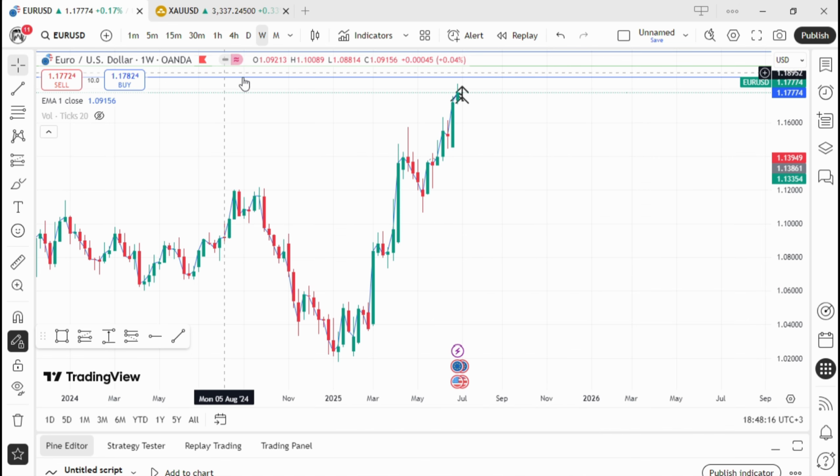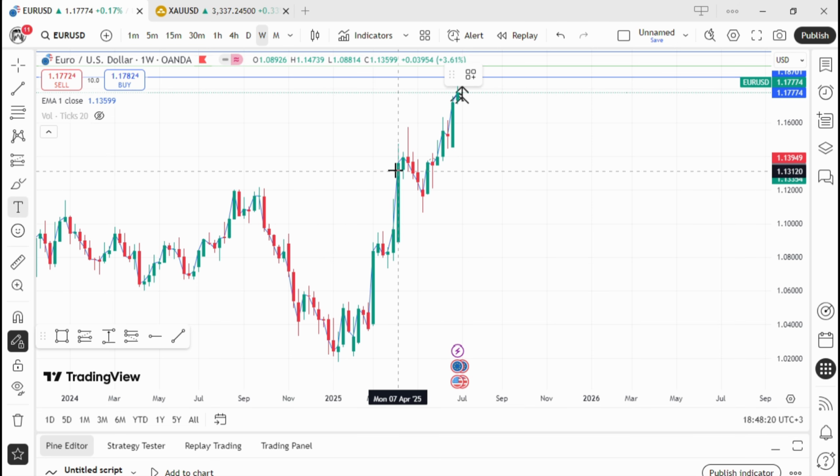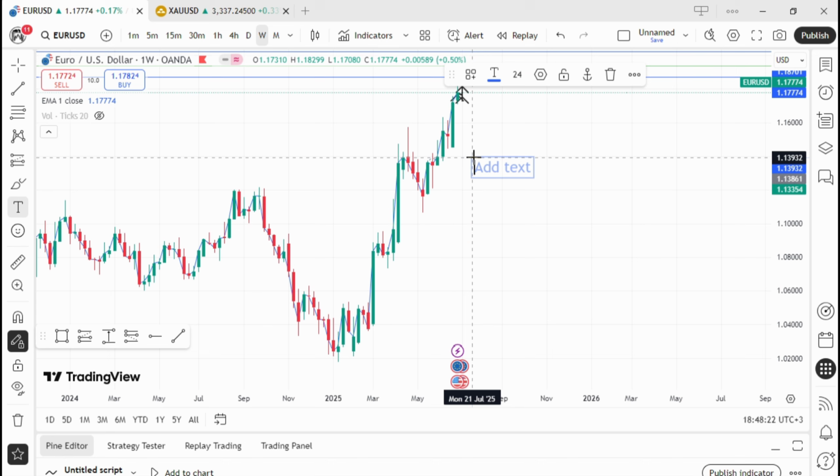So, just so you know, this is the strategy. I trade SNR, and with SNR, of course, storyline. This is what I trade.